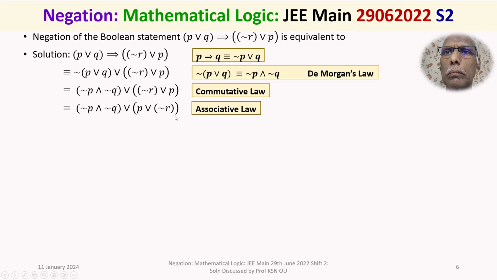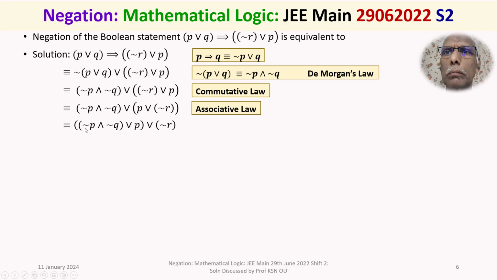So applying the associative law, we get negation of P and negation of Q, or P, in brackets, or negation of R. Now for this in the bracket we apply the distributive law.